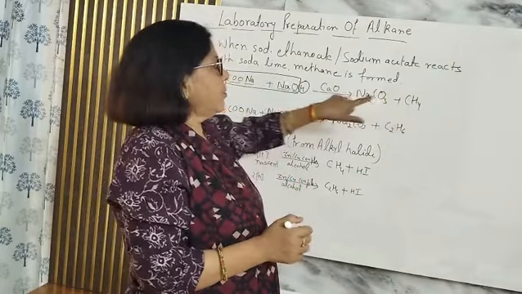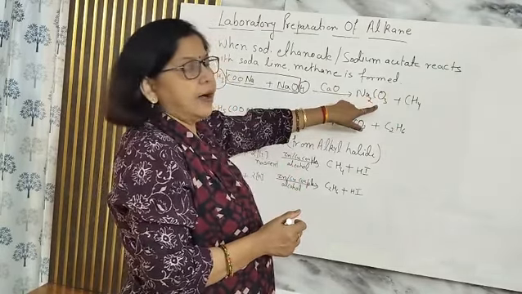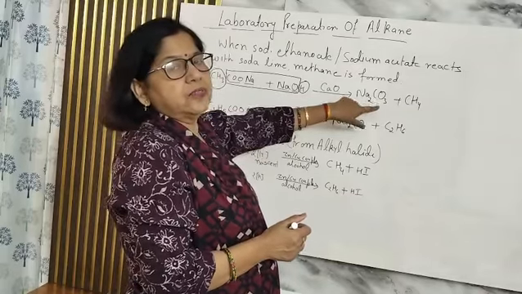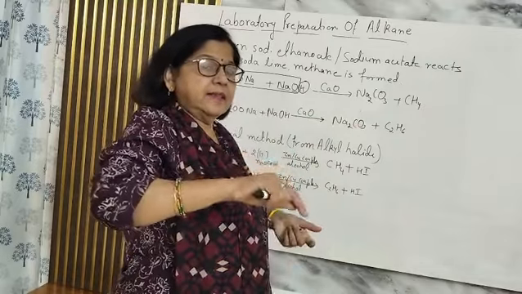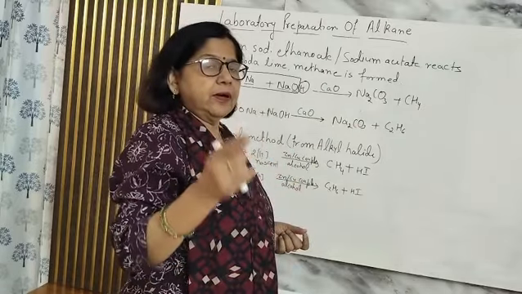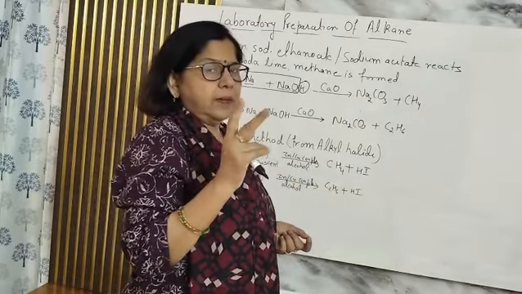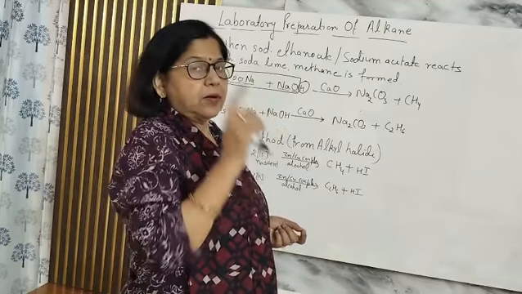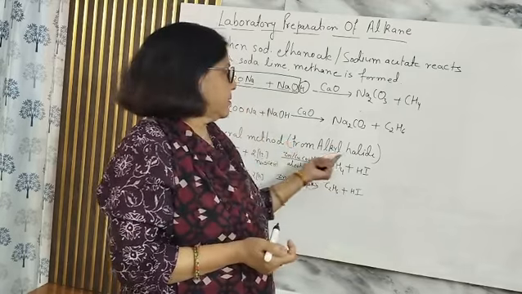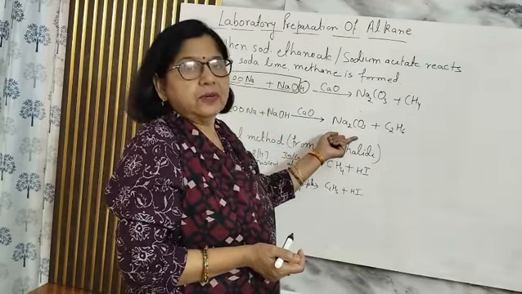That means one carbon atom is used up in giving Na2CO3. So what is this indicating? This indicates that if we want the hydrocarbon of 2 carbon atoms, we have to take 3 carbons in the reactant, because 1 carbon will be utilized in giving you Na2CO3.